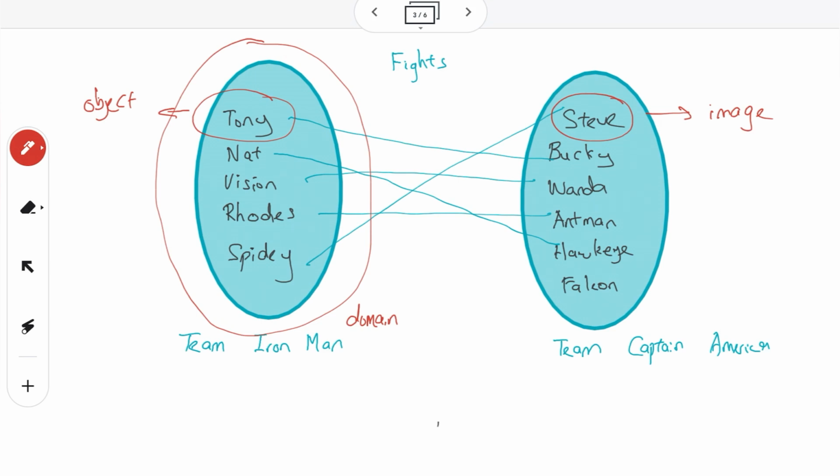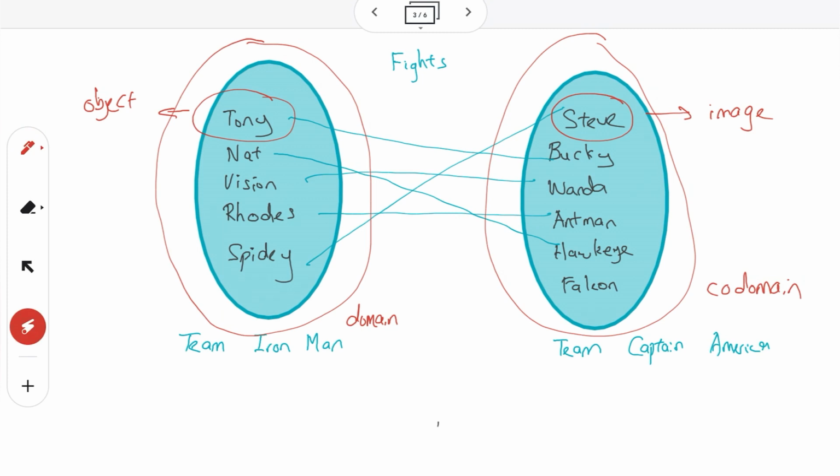However, in the second group of data, it is not called a domain, it's a codomain. Right? And the codomain encompasses all the data in the second set of values. However, I sort of lied when I said that each data point in the second set of data is an image, because there is one data point here which is not an image, and that is poor old Falcon.